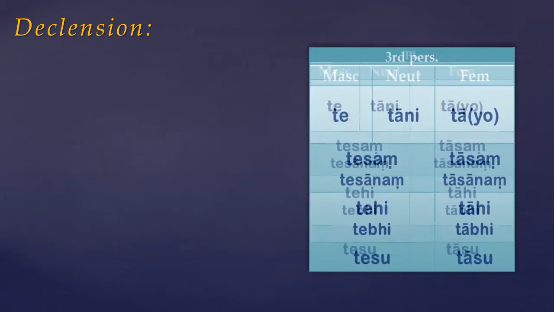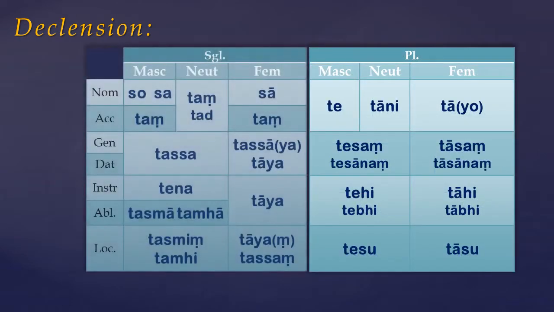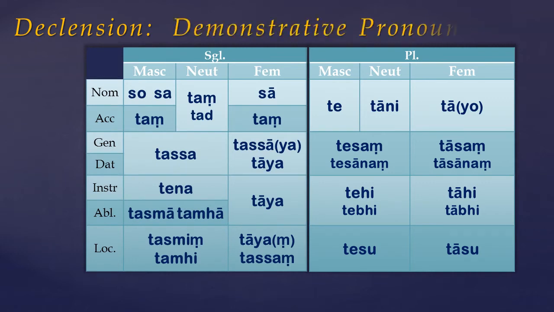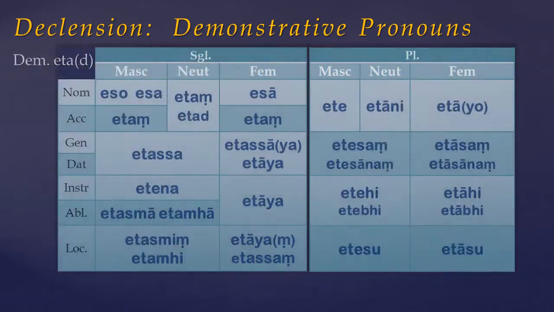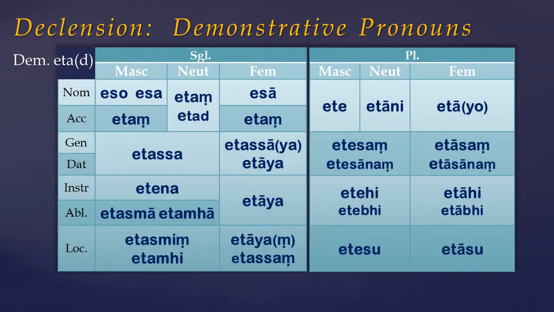If you remember, the third-person personal pronoun forms are the same as the demonstrative. These are the demonstrative pronoun forms based on the stem ta, but there are several others, so we can have those based on the stem eta, which are similar but just with an e sound in front.